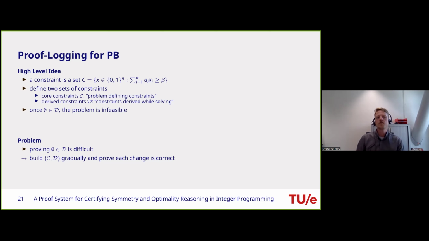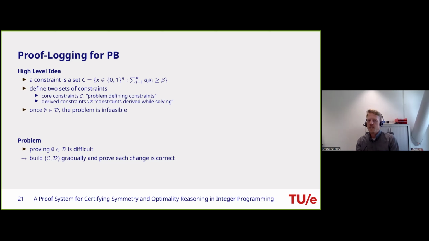And this is then achieved in this proof system by proving that the empty set, so the constraint that has no feasible solution at all, is within my set of derived constraints. And if I can prove this, then indeed I know, because all the reductions that I made beforehand, they together imply that there is no feasible solution at all. I can conclude infeasibility of my original problem.